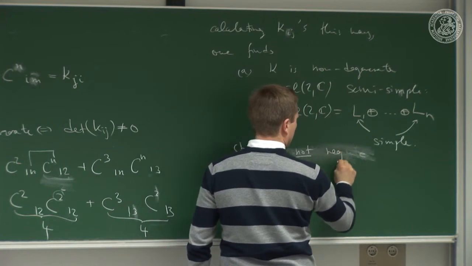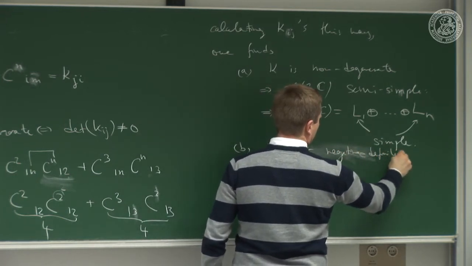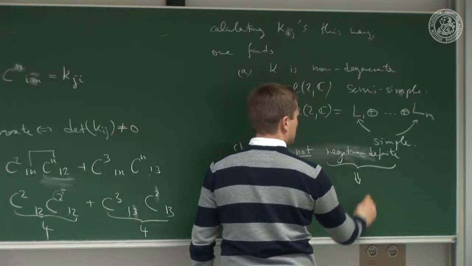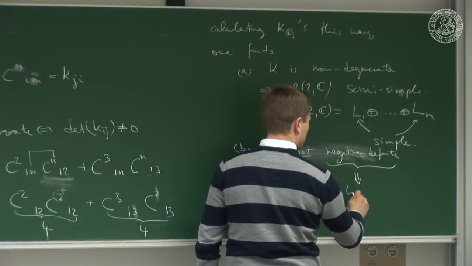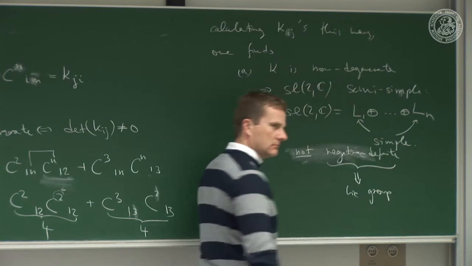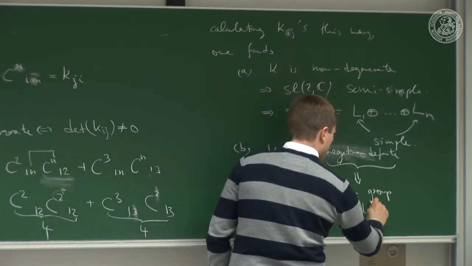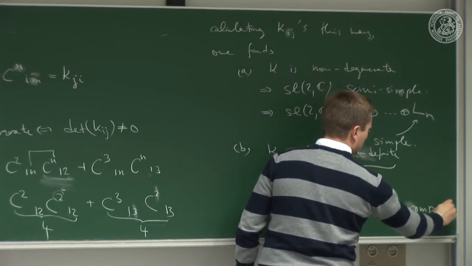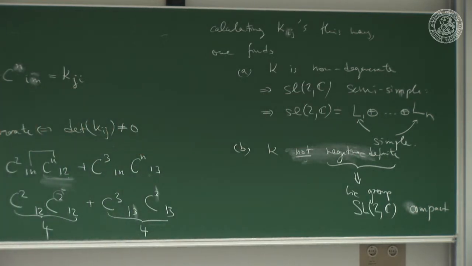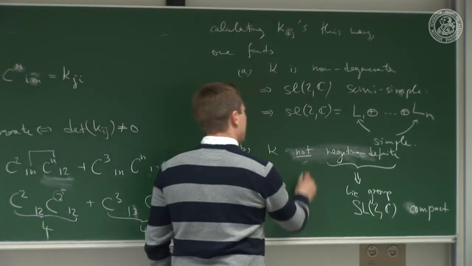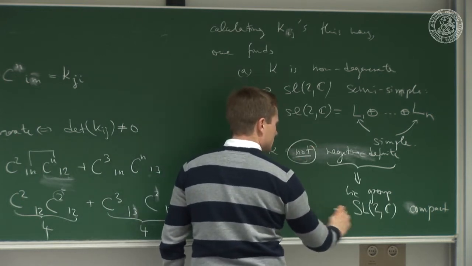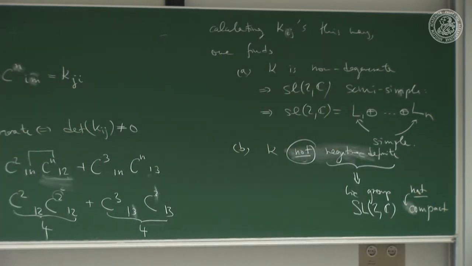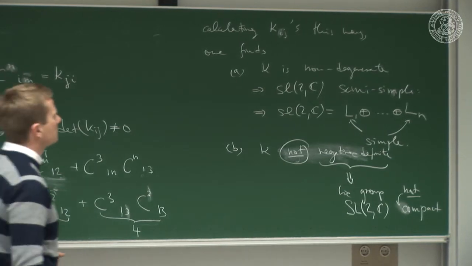Because negative definite would imply that the Lie group we came from some time ago, the Lie group capital SL2C, was a compact group, so that the manifold underlying as a topological space is compact, but it's not. So this group is not compact, and that's true. So SL2C is not compact, and K is not negative definite.